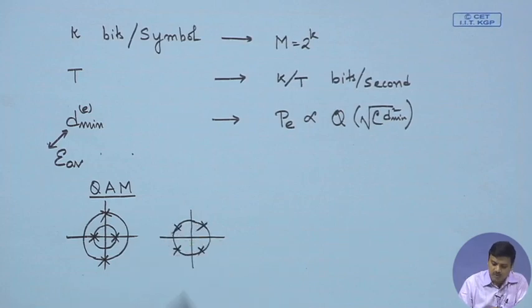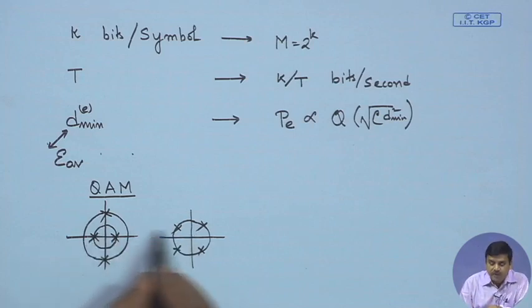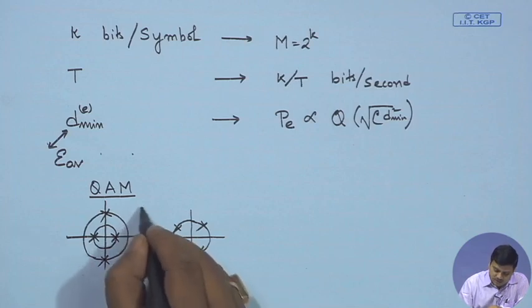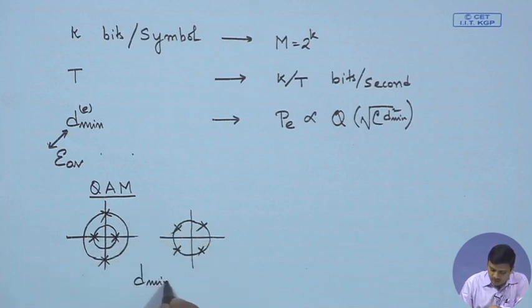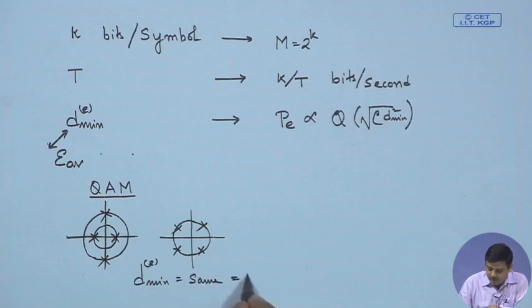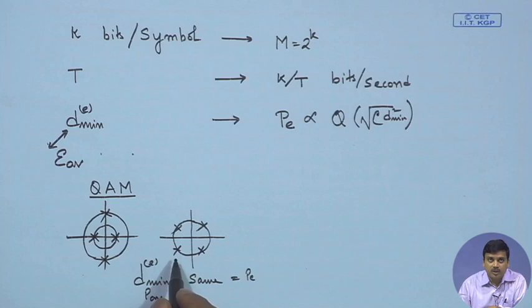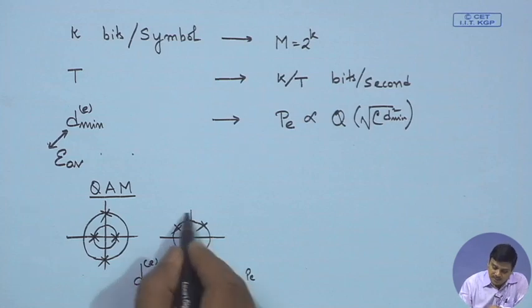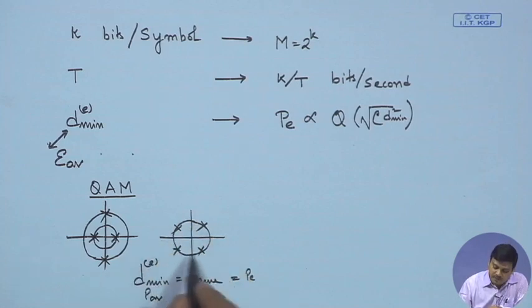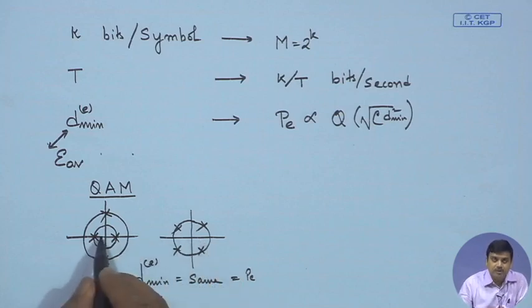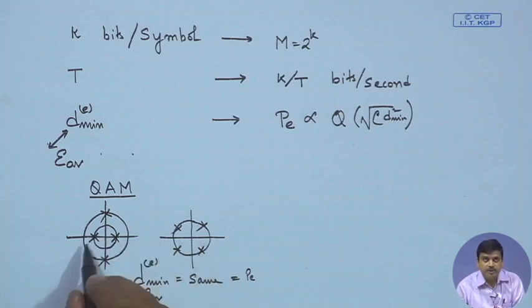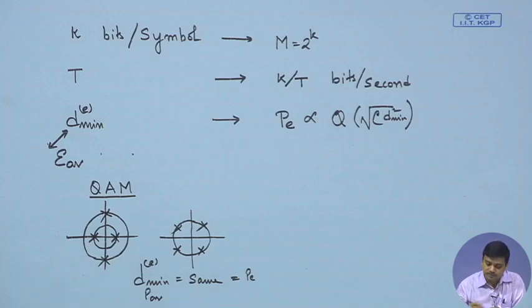What we figured out is that even if in these two constellations we maintain the same minimum Euclidean distance, which means the same probability of error, and the same average power, still this constellation may be preferred because of lower peak to average power ratio compared to this. So, there are several criteria based on which you would be able to choose a constellation.